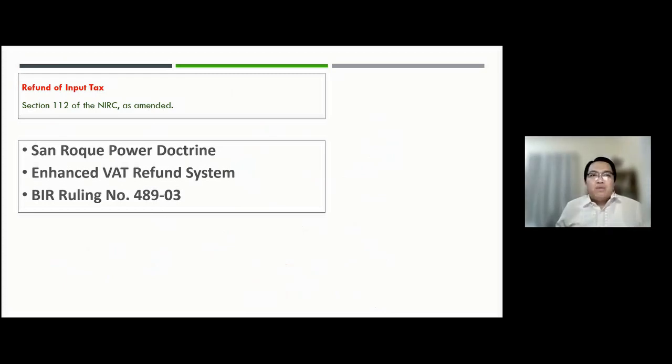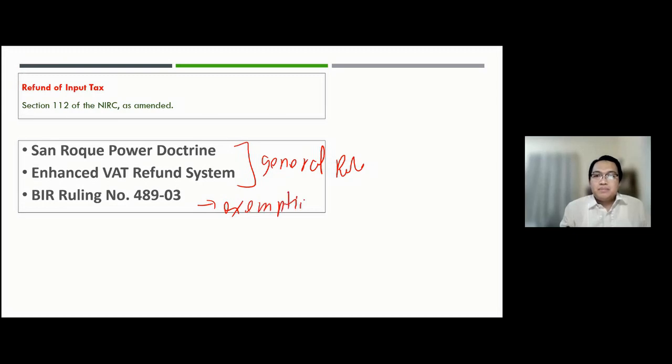You have to master Section 112 of the tax code as amended. And you must know the concept of San Roque Power Doctrine, the Enhanced VAT Refund System, and BIR ruling number 489-03. Ito kasi ang general rule. Ito ang exemption. Okay? Yan ang general rule, yan ang exemption.